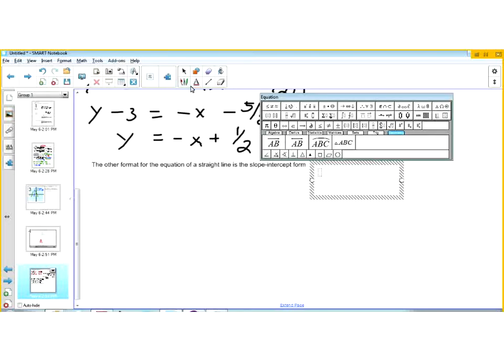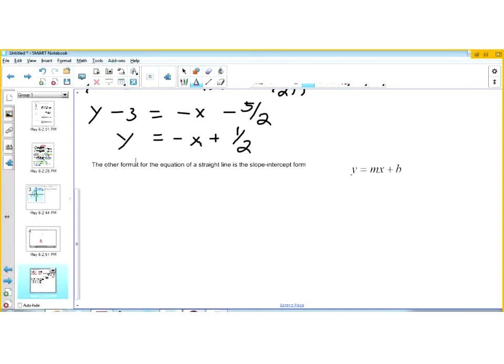All right? So what is b? So b is the ordinate of the y-intercept. Now, a little bit of terminology for you.